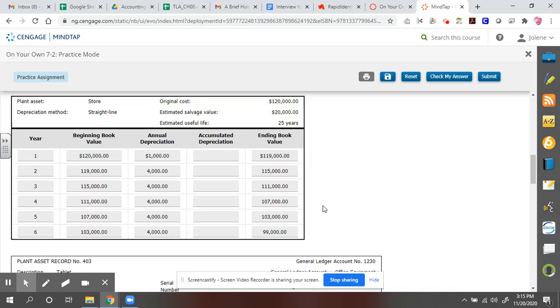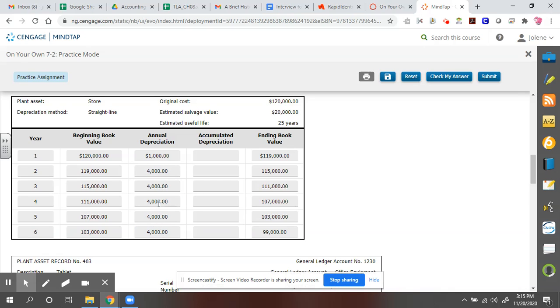All right. Again, it started out as being $120,000. You minus how much they say it's going to be worth when they're finished depreciating it off. So subtract these two. So we're writing off $100,000. Then we take that and divide it by 25 to find out that we have $4,000 per year that will depreciate off the building.